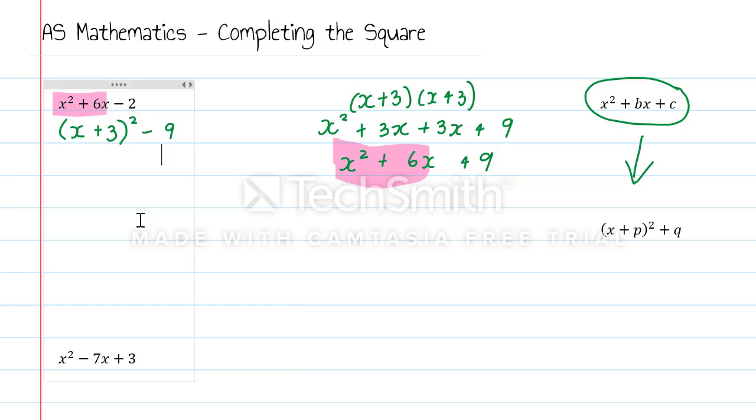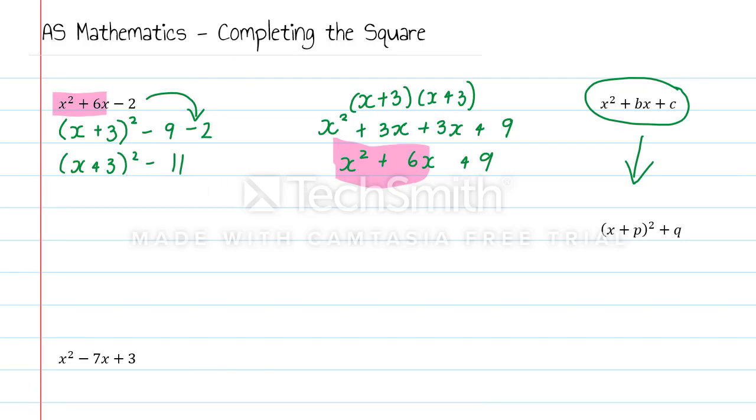And then finally, you're going to keep that minus 2 coming down. So you've got minus 2 here. We can then simplify that: (x + 3) squared minus 11. And you're done. So in this case, the p was 3 and q was minus 11.